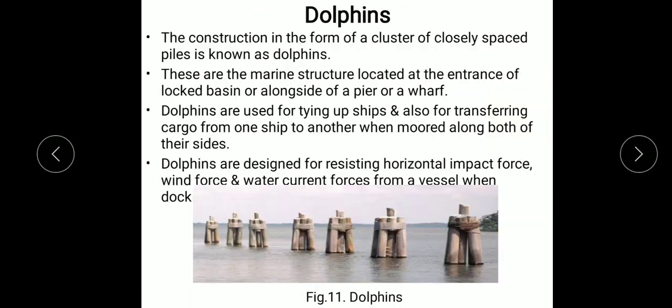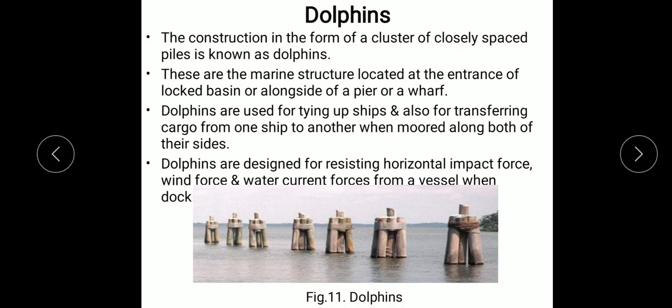Next type of important structure is the dolphins. The construction in the form of a cluster of closely spaced piles is known as a dolphin. So here figure 11 shows a dolphin in which we can see these are the closely spaced piles, which are tied to each other in this fashion.